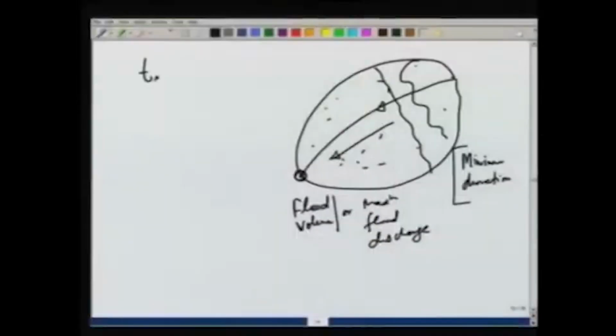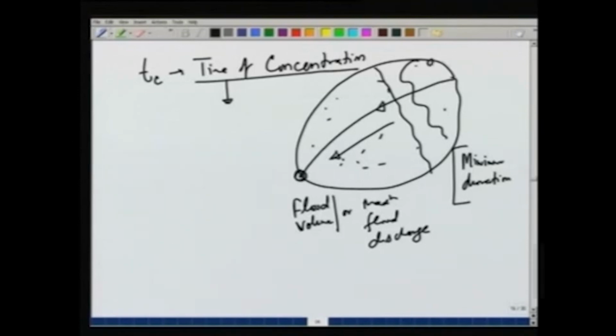So, there we use the concept of time of concentration, which is the time taken by the farthest point in this catchment. So, a water drop falling on the farthest point to reach the channel and to reach the outlet.